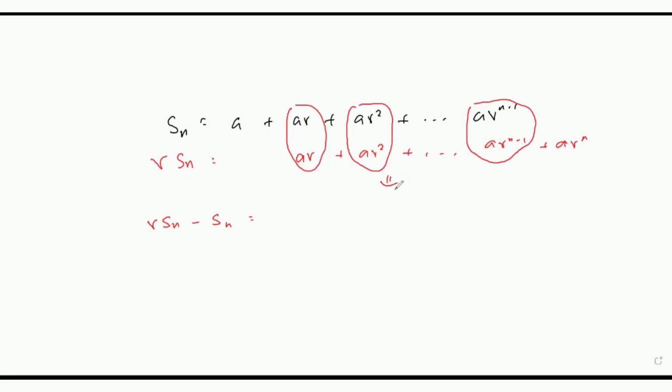So the subtraction means all of them go to 0, and all you're left with is A R to the power n minus A. And so if you simplify this, you'll get Sn times (R minus 1) equals A times (R to the power n minus 1), and this implies that Sn is A times (1 minus R to the power n) divided by (1 minus R).